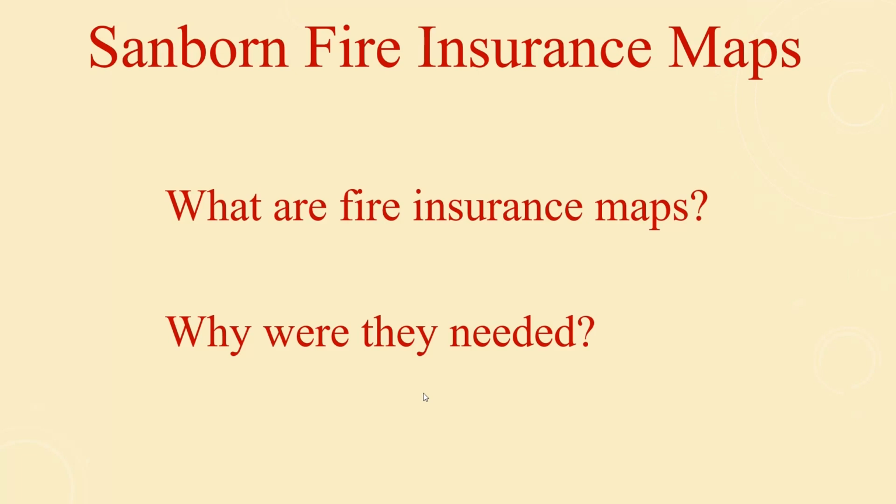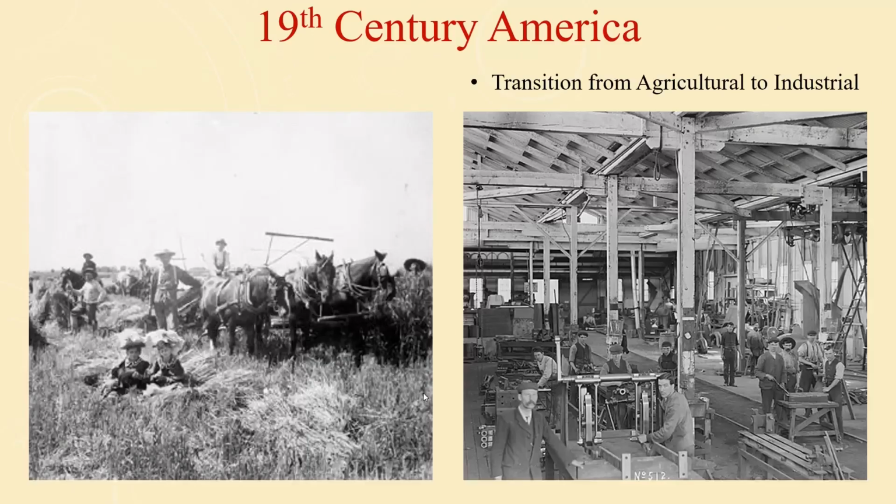So people were still wearing powdered wigs back then. The 19th century was a century of significant change in the United States and around the world. In the U.S., the society was transitioning from an agricultural society to an industrial society. It was the Industrial Revolution.